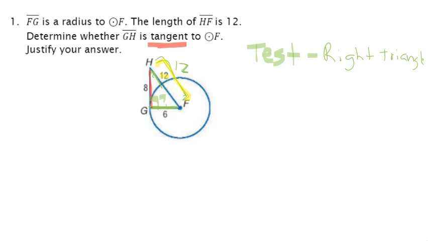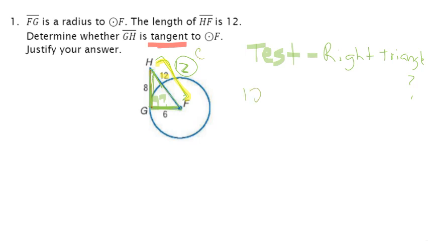If it does not form a right triangle, it is not a tangent segment. If we look at this as a right triangle, we would see that 8, the possible tangent segment, acts as a leg. So 12 is your c, or your hypotenuse.